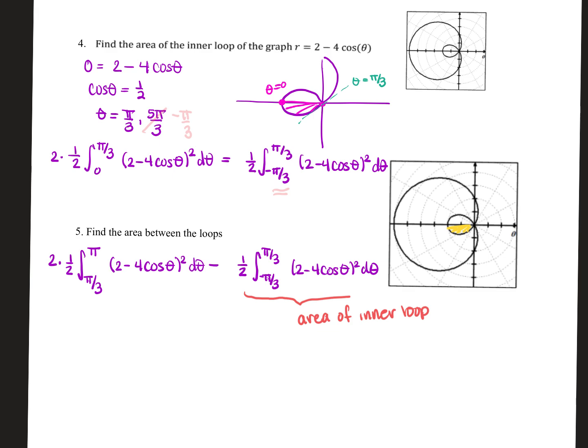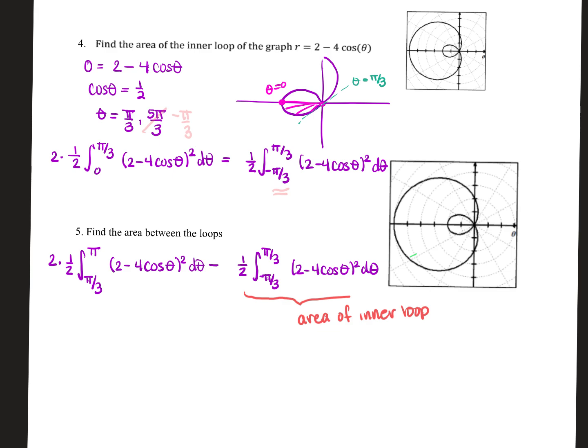Then as I start going, I'm going to start going over here. You notice that we're covering up, even though we're going to the big curve, we're still covering up that little one. And as we come over here, now I've gone over the middle one again. So I'm counting things more than once. Well, where do we exit the inner loop? We exit the inner loop at pi over 3.